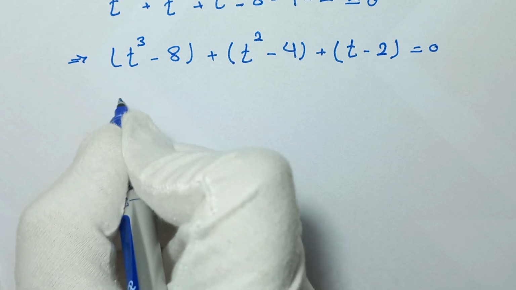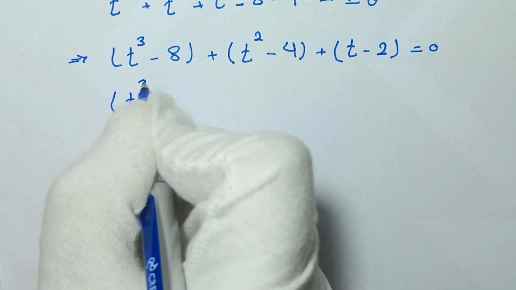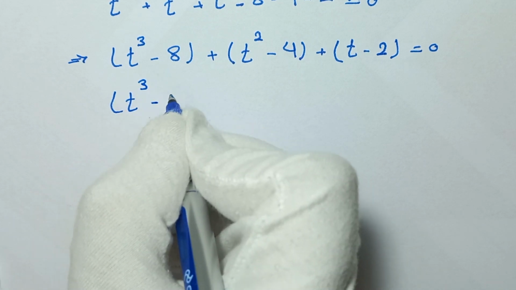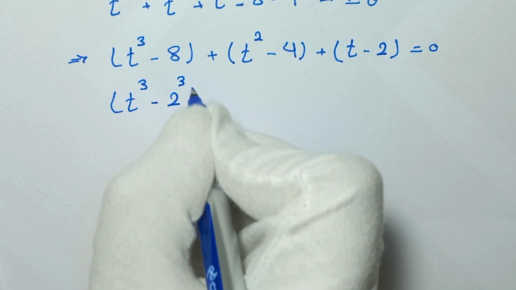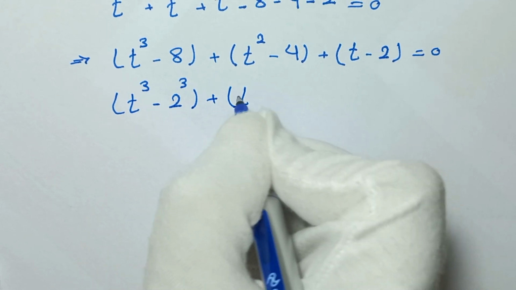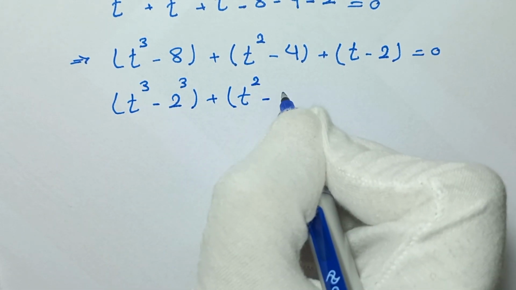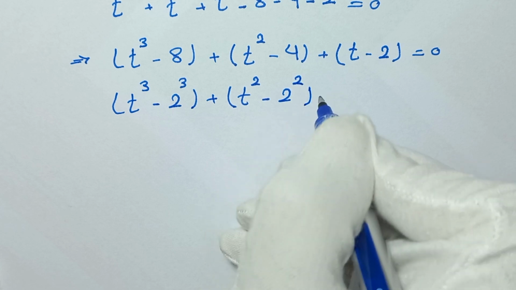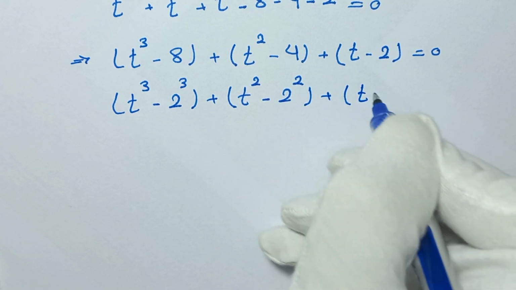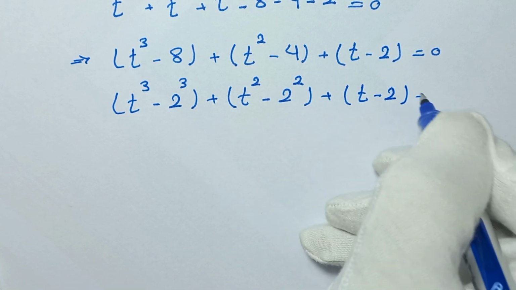And in the next step, we write t cube minus 8, we can write 8 as 2 to the power of 3, and plus t square minus 4, we write 4 as 2 to the power of 2, and plus t minus 2 is equal to 0.